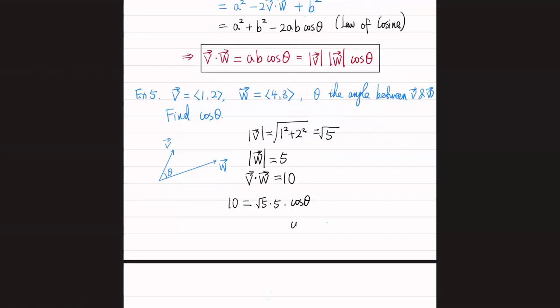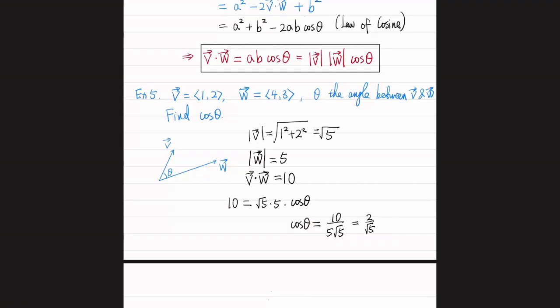From there, we conclude cosine theta is 10 over 5 root 5. And then that can be simplified to 2 over root 5. So even though we don't know what this angle is, we know the cosine of it is 2 over square root of 5.